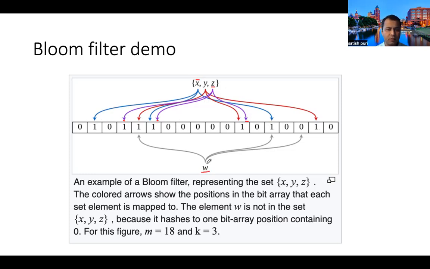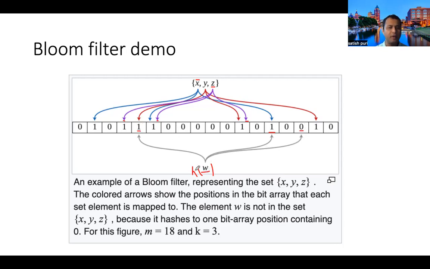You do a hash evaluation for 3 hash functions, which will give you 3 values. You go there and you see a 1 here, that's good. You go here, you see a 1 here, that's good. But here you see a 0, so that means that W was not inserted, right? So the Bloom filter will say that W is not a member of the Bloom filter.